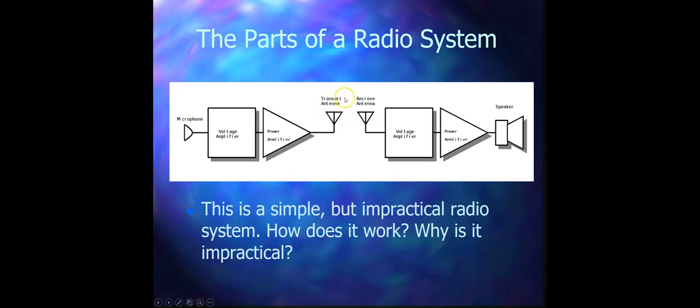So here you can see we have a space between the transmit antenna and the receiver antenna. So the information travels through the space, and this new energy which travels through the space is basically called electromagnetic energy or a radio wave.